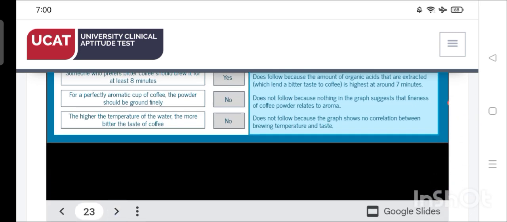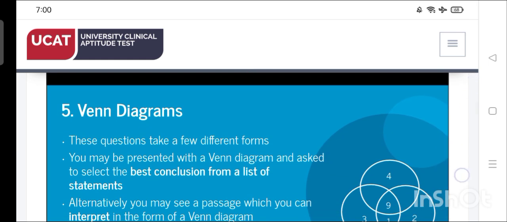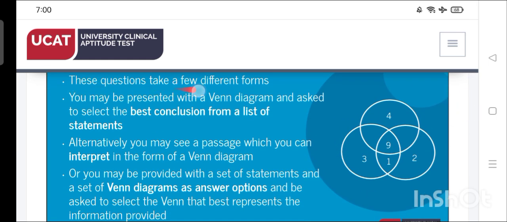Next we have our fifth type, which is Venn diagrams. These questions take a few different forms. You may be presented with a Venn diagram and asked to select the best conclusion from a list of statements.